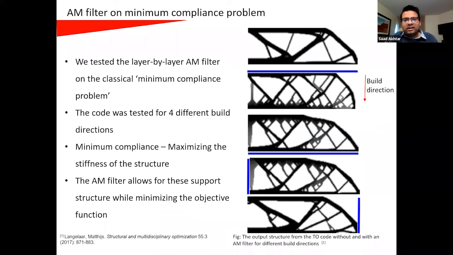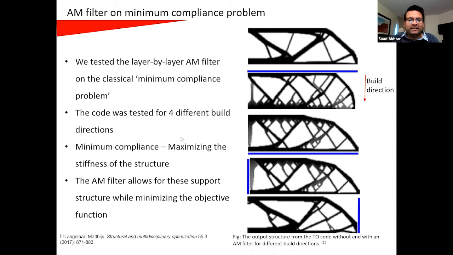So that was on the conduction problem. We also reproduced some of the results from Langelaar's paper, because this filter is mostly used, like I said, in the structural domain, where most of the topology optimization work is done. So we tested our code for four different build directions on the minimum compliance problem as well, which minimizes the compliance, that is, maximizes the stiffness.